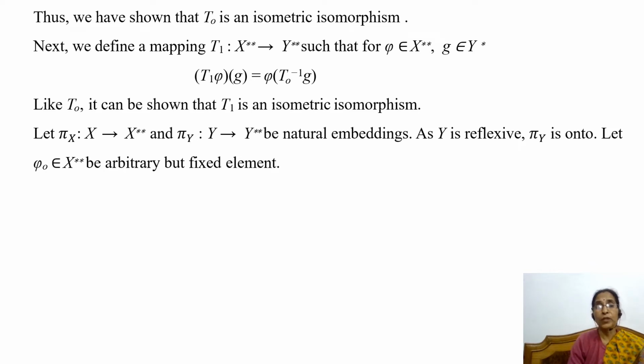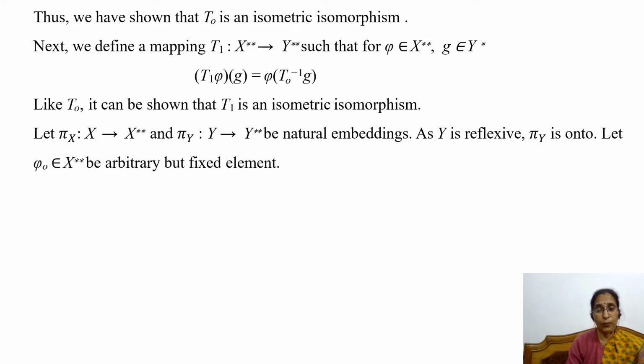Now we want to show that X double star is isometrically isomorphic to Y double star. So we define a mapping T1 from X double star to Y double star such that for phi in X double star, for g in Y star, T1 phi of g is equal to phi of T naught inverse of g.